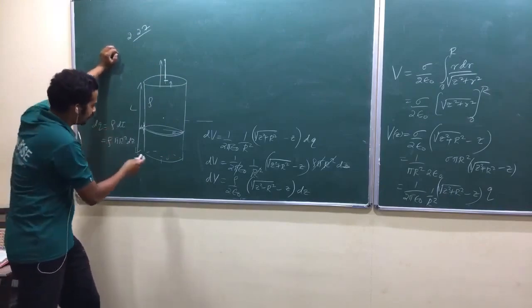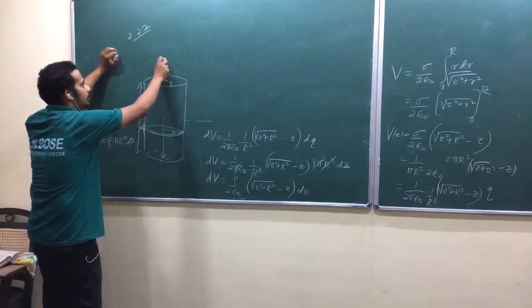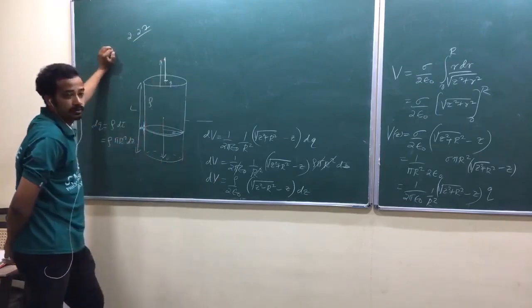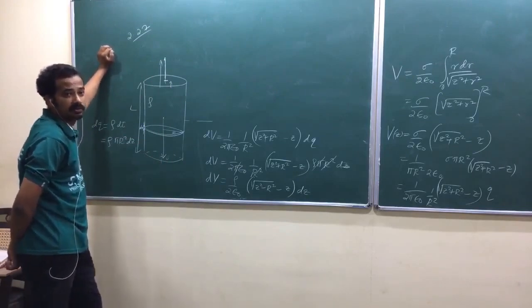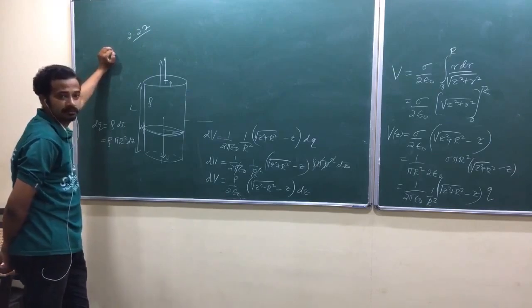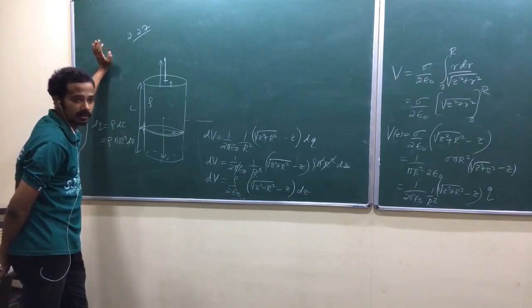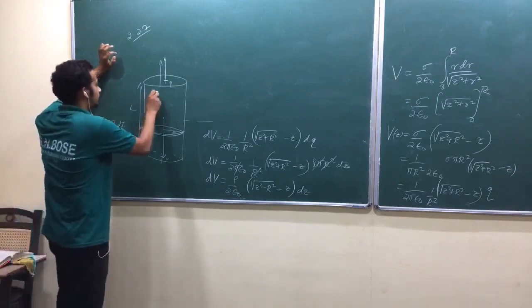z running from minus L by 2. He said this is z, am I right? No. The problem is, he said it is z. Whatever z he said, you have to take it as z naught, because here our z is variable. Are you getting my point? Your ultimate answer should be in terms of z naught. Let me take z naught.